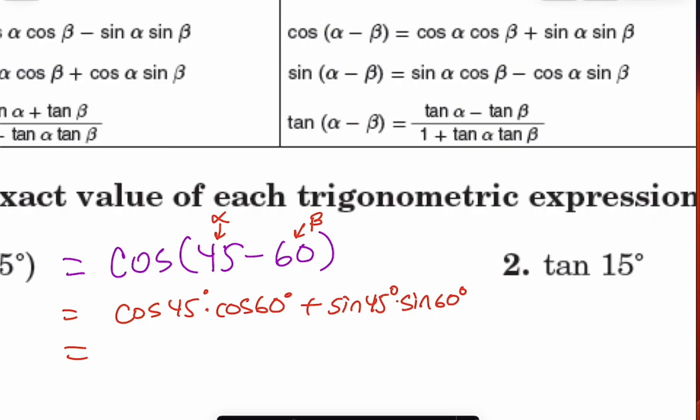So it's just a matter of plopping in our information from our unit circle. At 45 degrees, our point is square root of 2 over 2, square root of 2 over 2. Those are the coordinates for our point. At 60, we are at the point 1/2, square root of 3 over 2. So all you have to do is use those values from our unit circle.